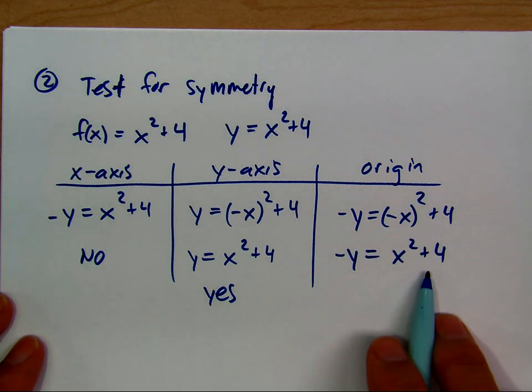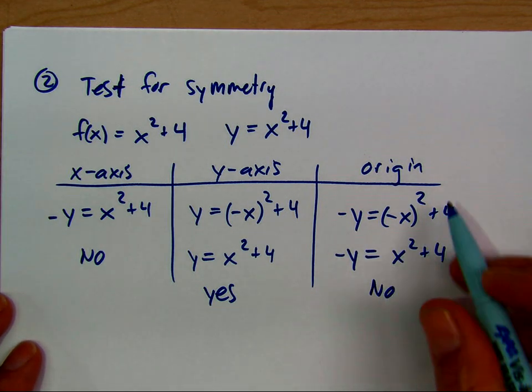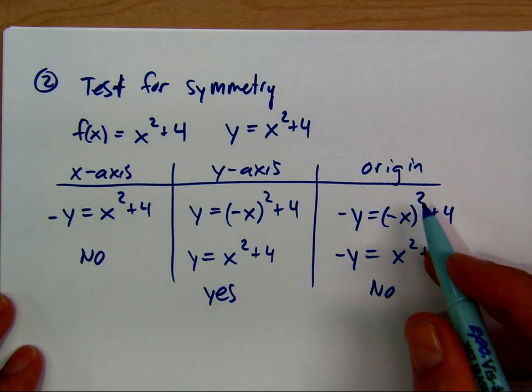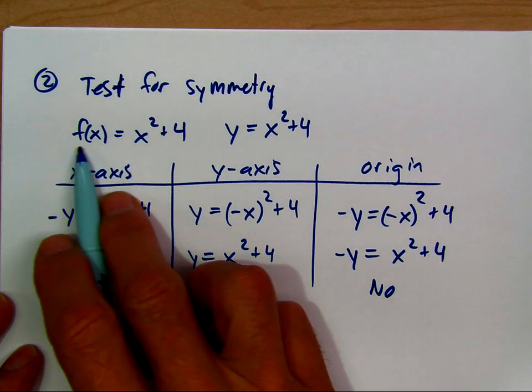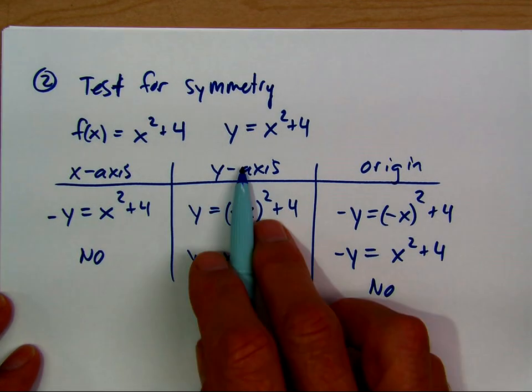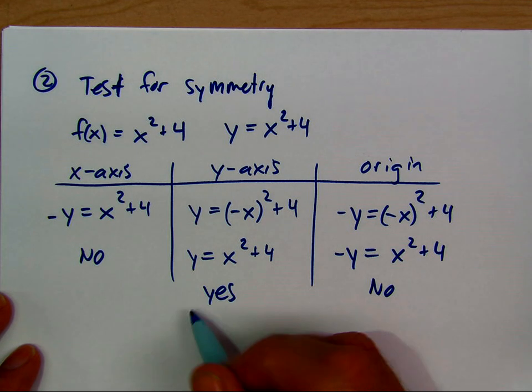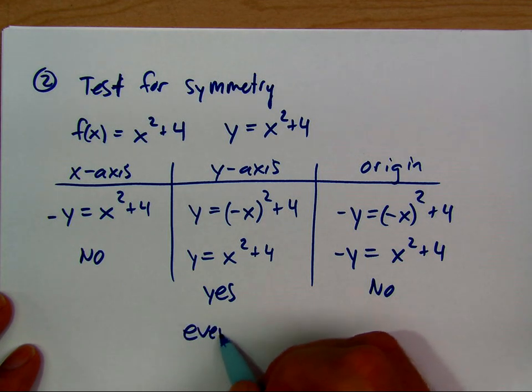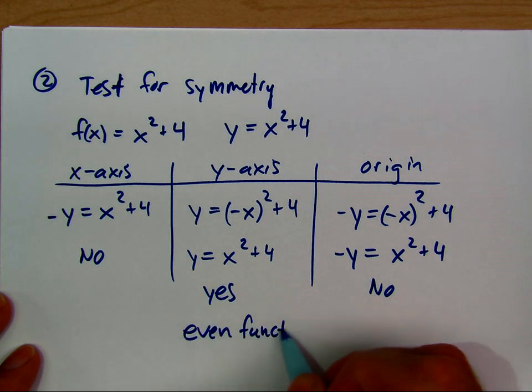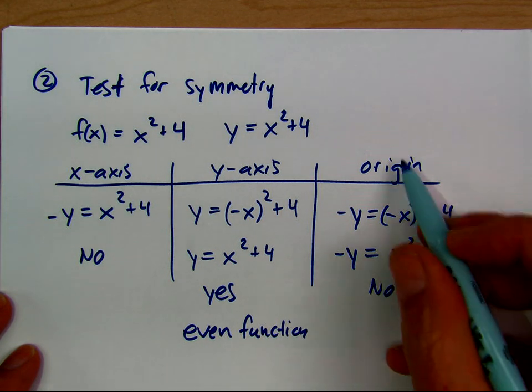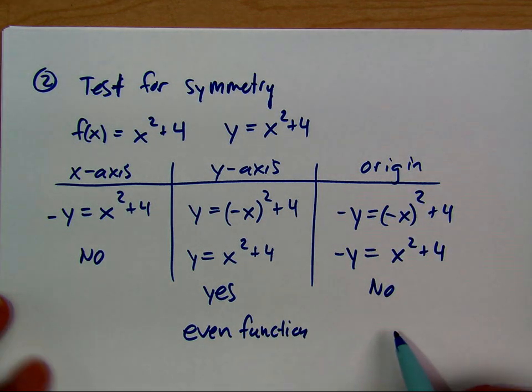Well, that doesn't look like the original, so it doesn't have symmetry to the origin. And then we are dealing with a function, so if you have y-axis symmetry, you can call it an even function. And if it had symmetry to the origin, you'd call it an odd function.